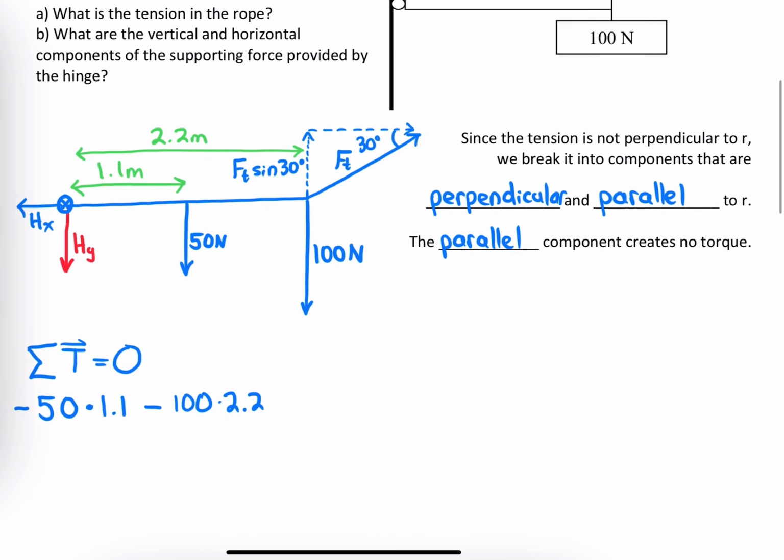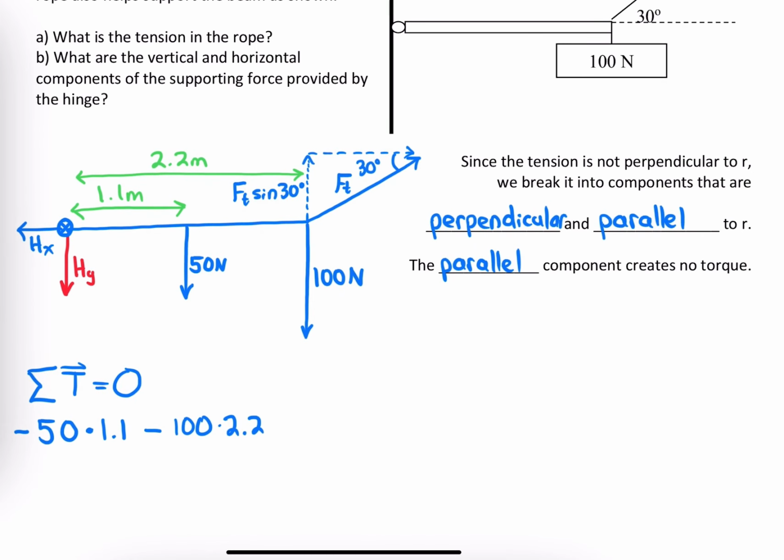This guy is going to try to rotate things in the counterclockwise direction, making it a positive torque. So a positive torque that comes from the force Ft sine 30 being multiplied by a distance of 2.2 meters.